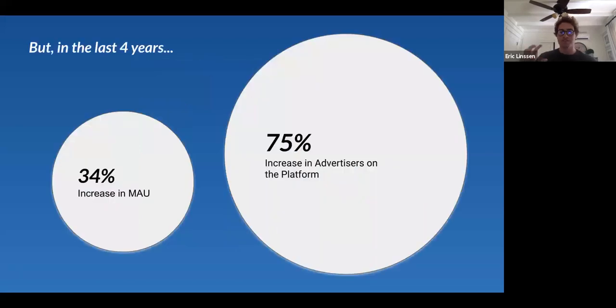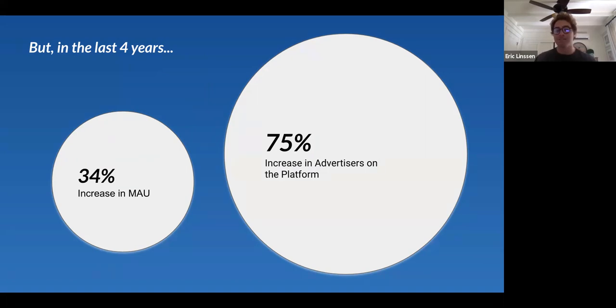But we also have an interesting shift in the last 4 years, where Facebook as a platform is hitting the part of the curve where it's starting to slow down as far as new user adoption. It's only had a 34% increase in monthly active users in the last 4 years, but everyone's starting to realize how powerful of an advertising platform it is. So there's been a 75% increase in advertisers on the platform.